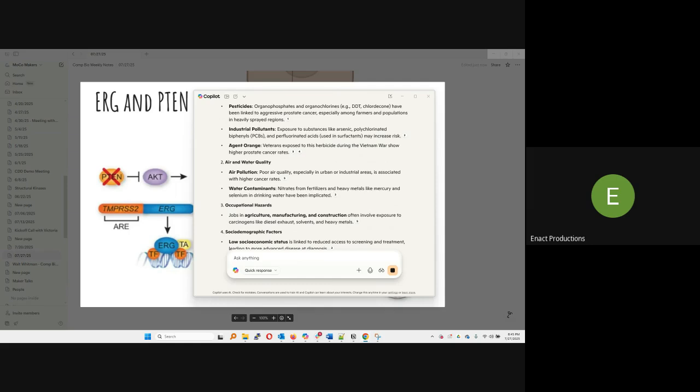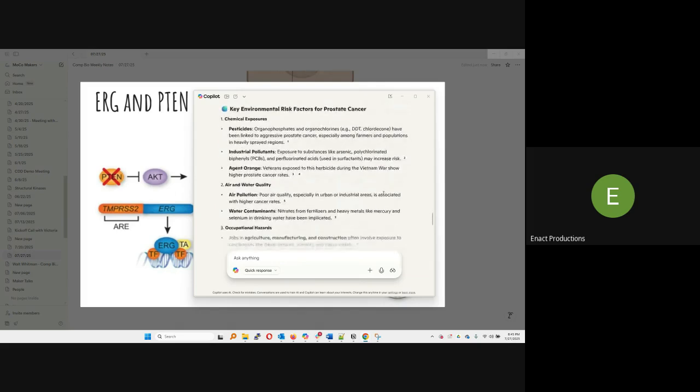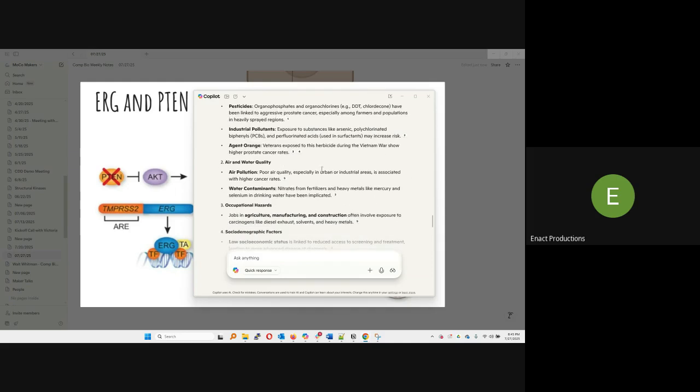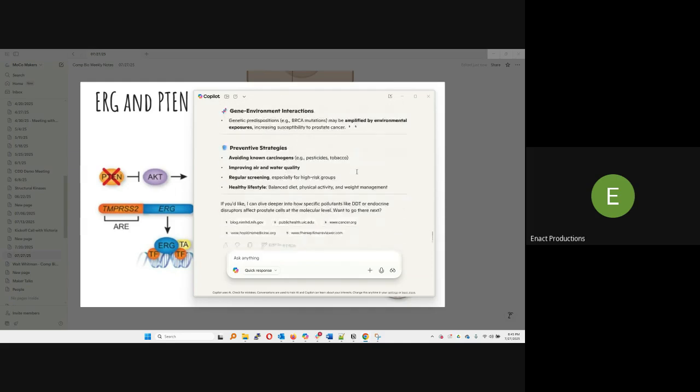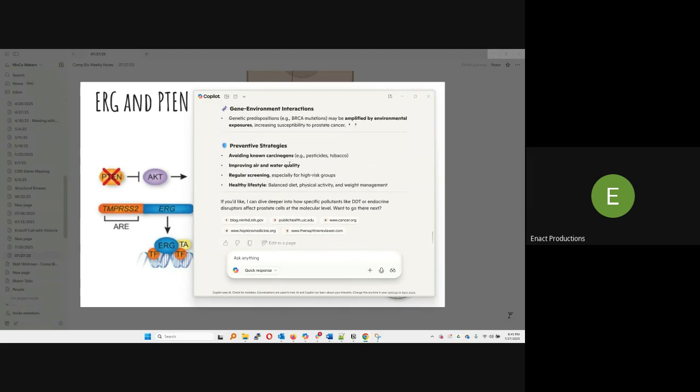Chris in the chat asks about other risk factors aside from age and gender. I'm just pulling up some on chat. Looks like chemical exposure can be one: pesticides, industrial pollutants, pollution. Is anybody else aware of anything else that is a risk factor for prostate cancer?